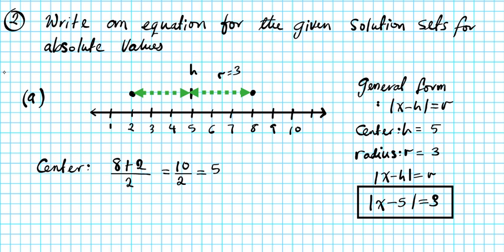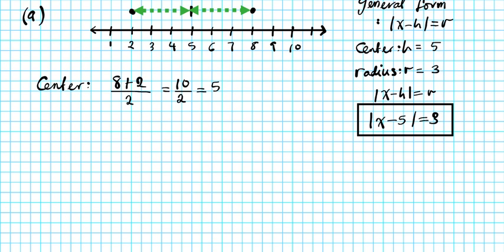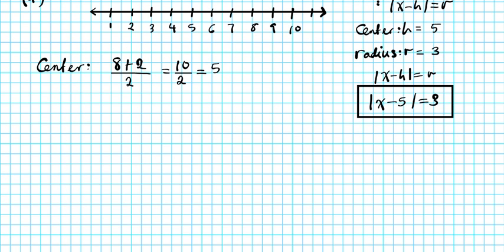Alright, let's try another example similar to this. Option B. What if we had a graph of this nature? Same number line. Let me use a different graphing tool. But in this case, what if our points were on 1 and 7?